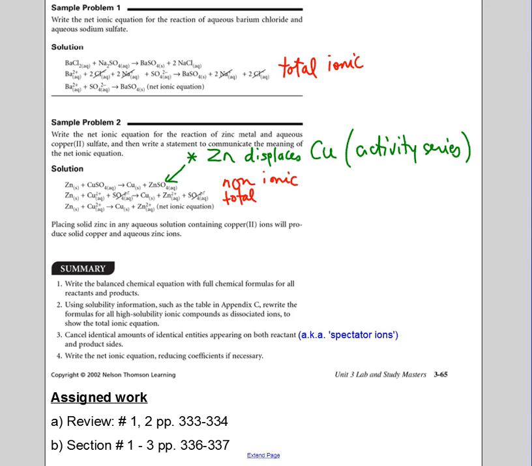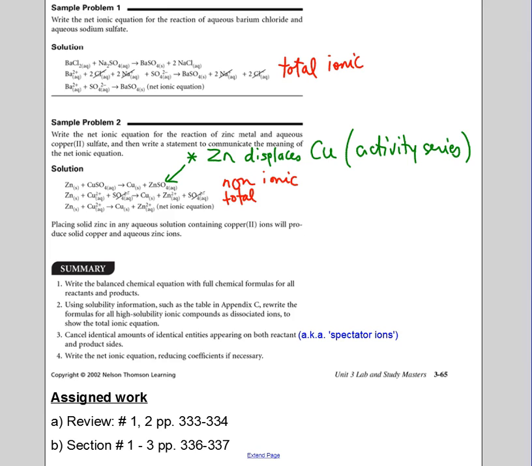Just to sum up, the steps involved in ionic equations, as you've seen, would be writing the balanced chemical equation first with all your chemical formulas and states of matter. Using solubility information, predict the state of matter for the products. High solubility ionic compounds appear as dissociated ions, that would be aqueous in form, and low solubility compounds as solid precipitates.